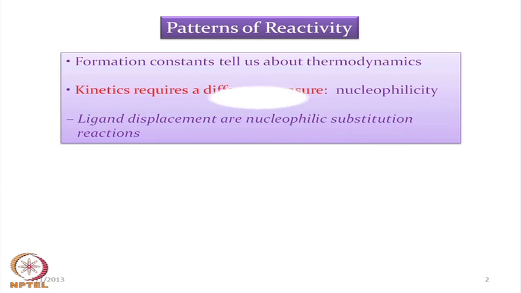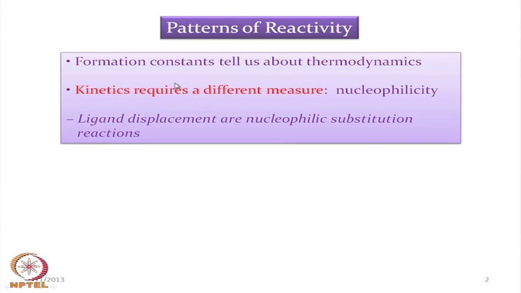The different patterns we can see: the formation constant tells us about the thermodynamics. That means the K value, the equilibrium constant or the formation constant values, tell us about the corresponding thermodynamic stability of the metal complex. So, if we have M plus Ln or ML6, we can determine the corresponding equilibrium constants or formation constants for the different steps, the stepwise formation constants, as the thermodynamic parameter, that means the equilibrium constant value as well as the corresponding delta G values.